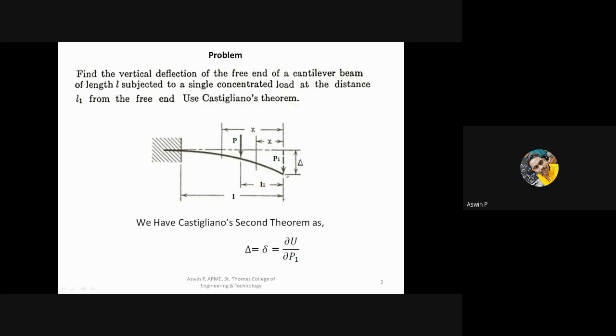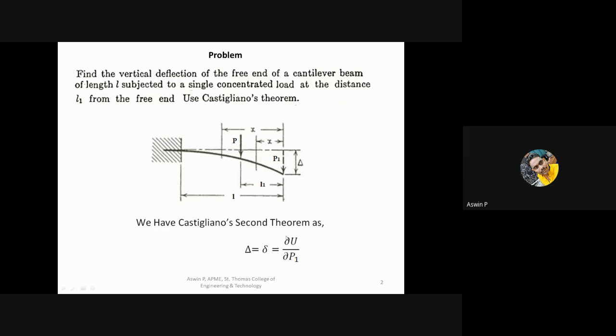The load causing this deflection is P1, so we are taking it as P1. It is very important: where we want to find the deflection, we need to consider a load at that particular point. That's why we are adding such a load here. Understood? This is our Castigliano second theorem equation.